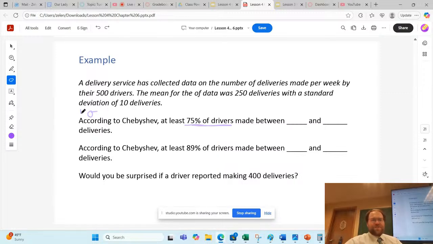So with that in mind, one standard deviation is 10. That means two standard deviations would be 20.